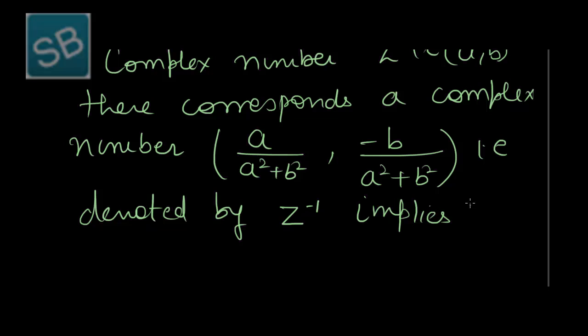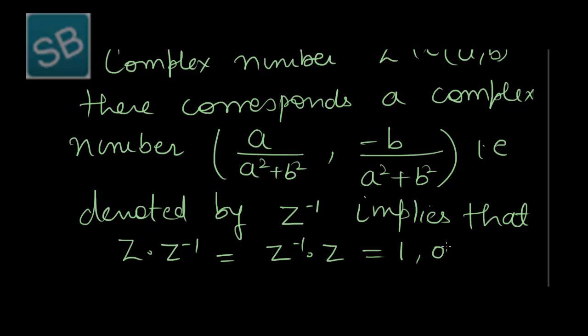This implies that Z into Z inverse is equal to Z inverse into Z is equal to 1, that is (1, 0), that is the identity element.